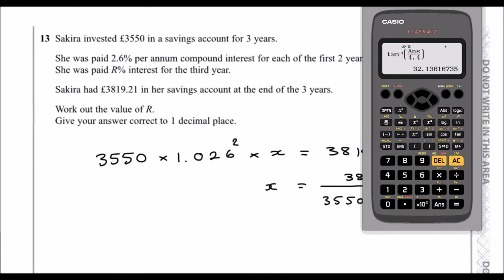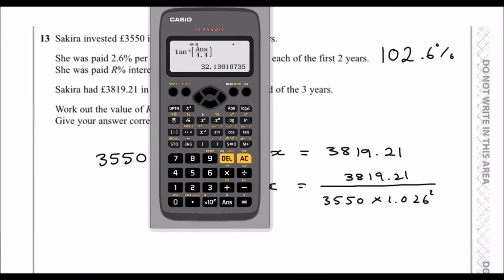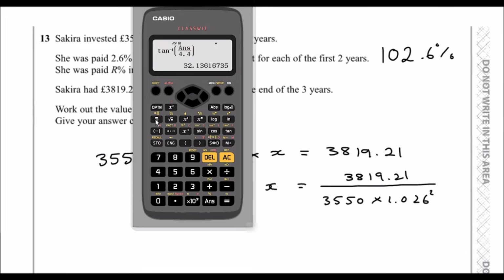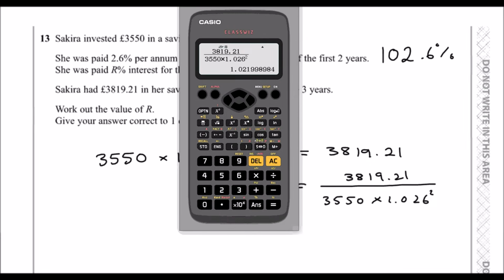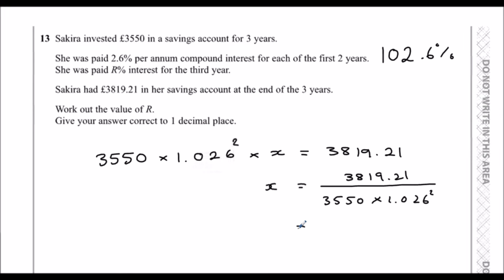That will be x. So £3,819.21 divided by 3,550 times 1.026 squared. And that's 1.022.